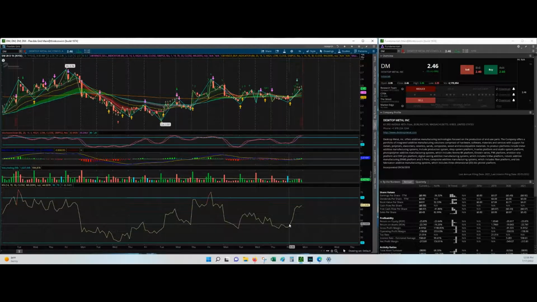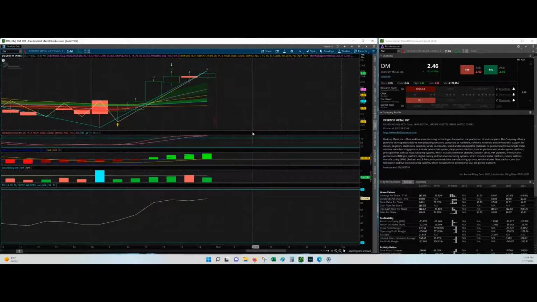So let's check out these lows. There's a little bit of divergence here on the 1 hour chart. The low here was $2.22. And then the low here was $2.27. So there's a little bit of divergence, but let's take a look at the EMAs.